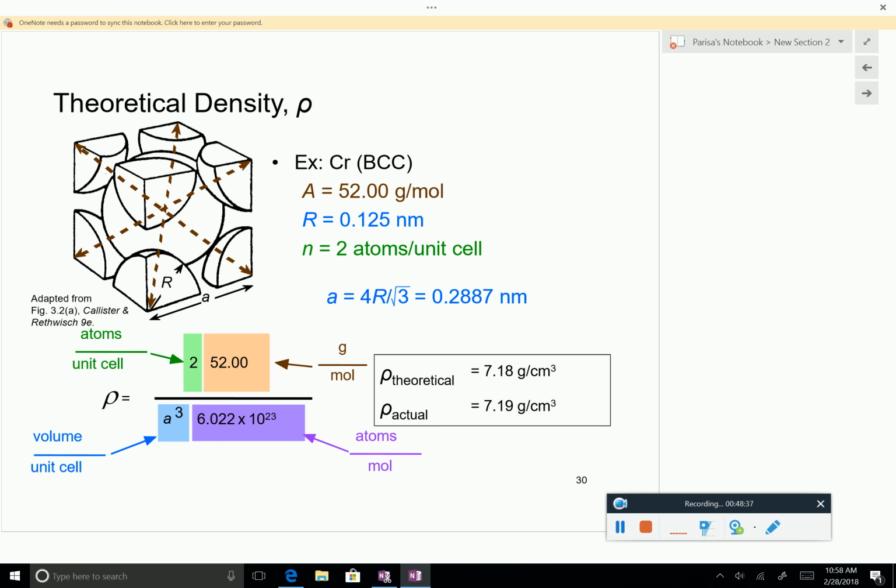And the relationship between A and R, because it is BCC, you already talked about this. And we should get something about 7.2 gram per centimeter cubed.